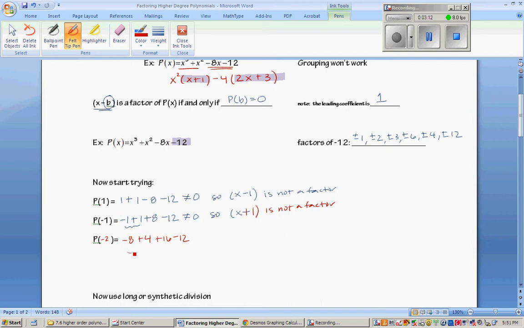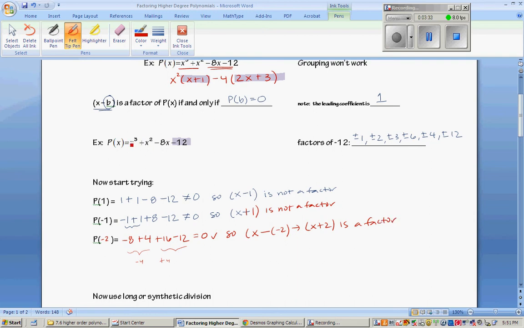And when we do this, this equals negative 4, and this equals positive 4. So this whole thing does equal 0. So what that means is that x minus a negative 2, which really is just x plus 2, is a factor.